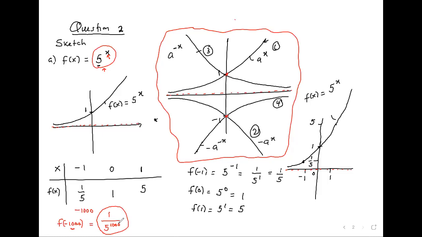So is it always that our asymptote will be 0? Not always.